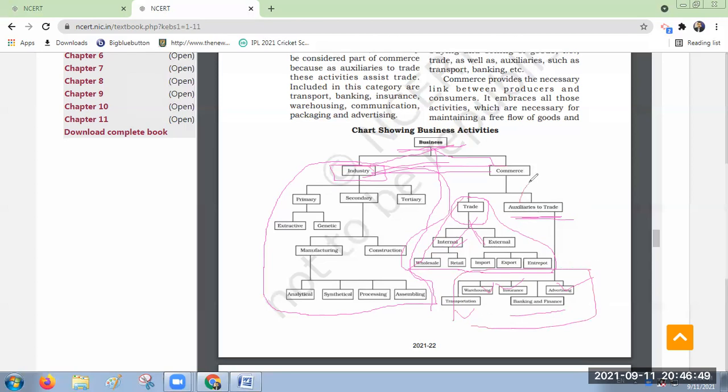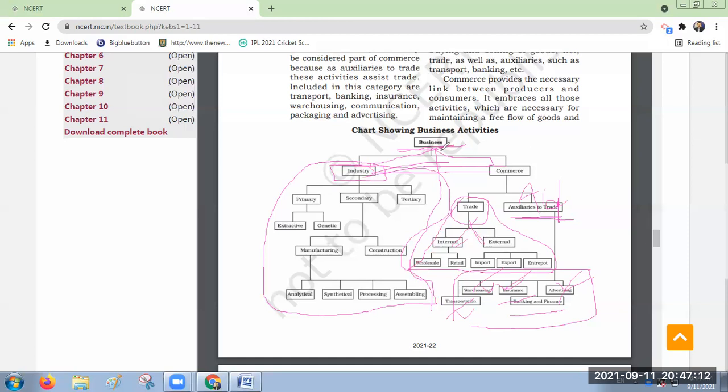Auxiliaries means they aid trade, without which trade is not possible. Purchasing and selling is not possible without a warehouse, godown, transportation, finance, insurance, or advertising. Did you understand? Yes, sir.